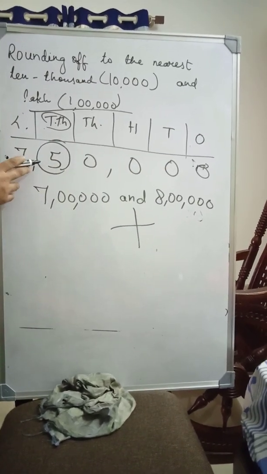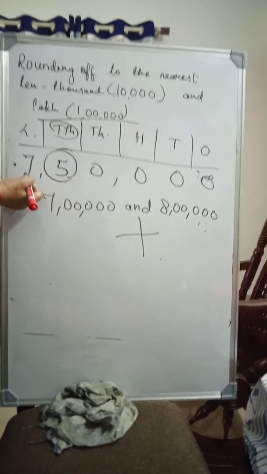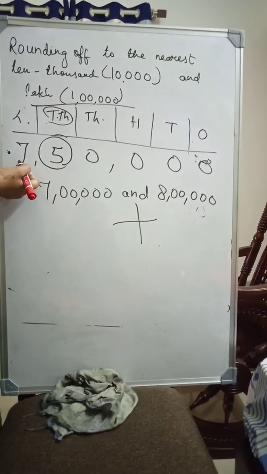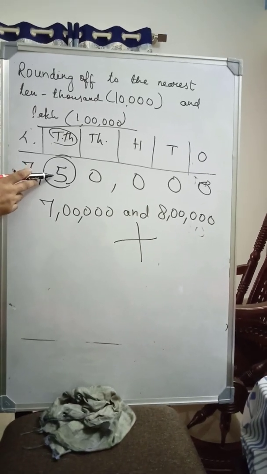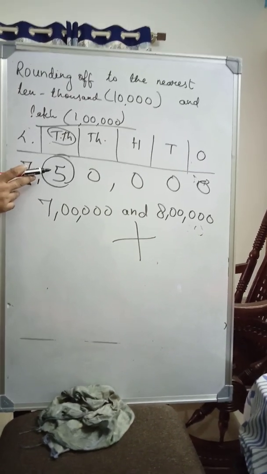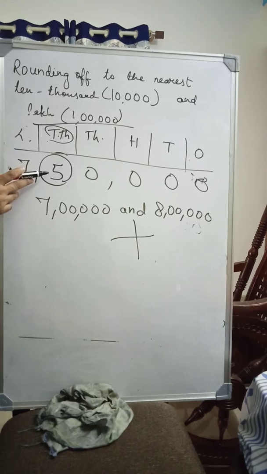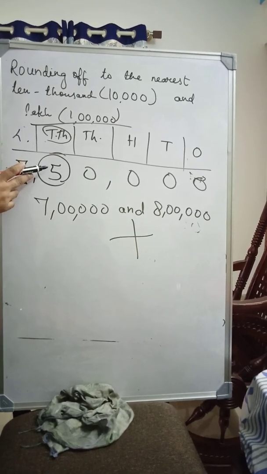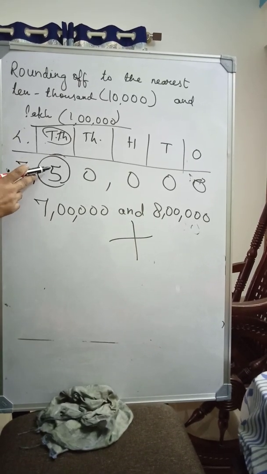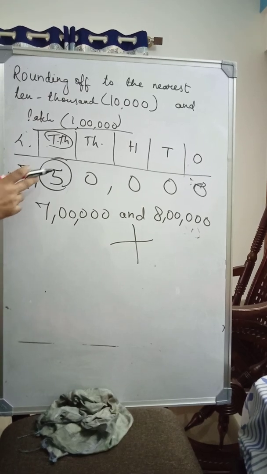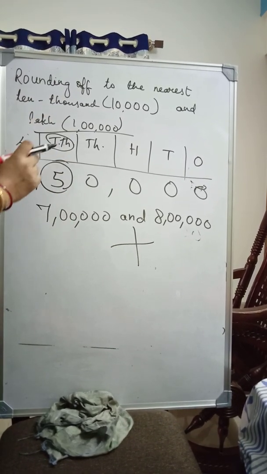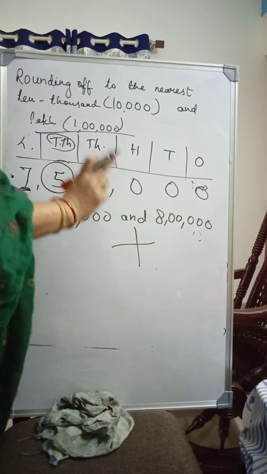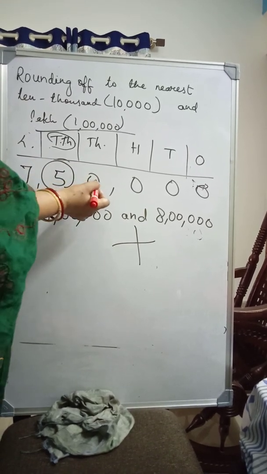Now, in order to round off the number to the nearest 1 lakh, look at the digit at the 10,000 place. Here the digit at the 10,000 place is 5, so we have to round off to the nearest multiple of 1 lakh, which should be more than 7,50,000.